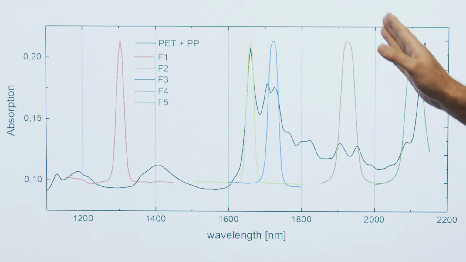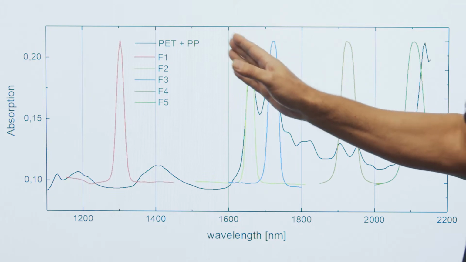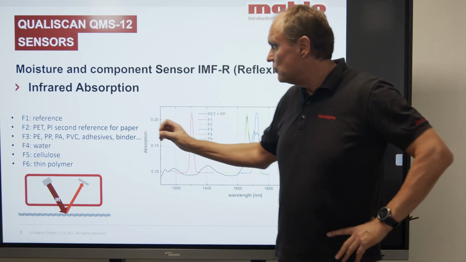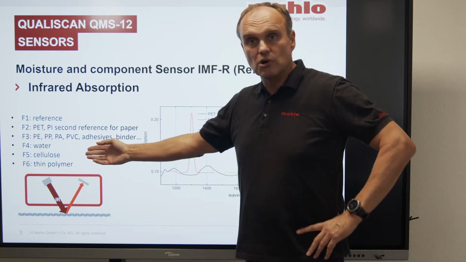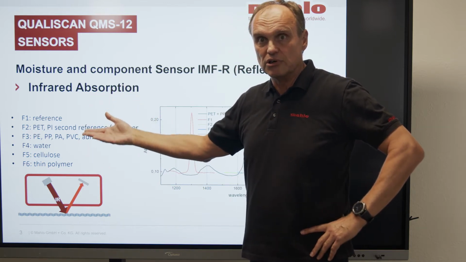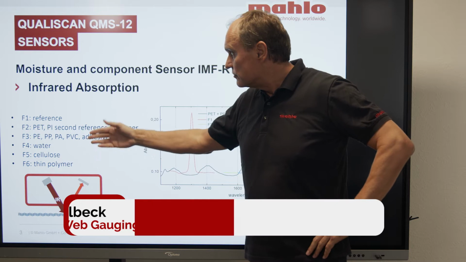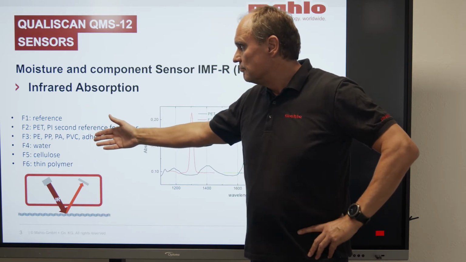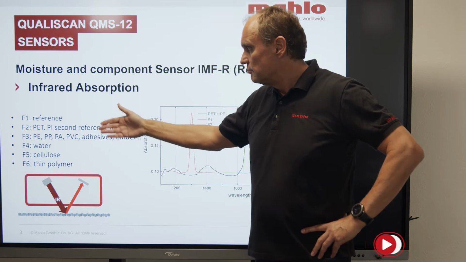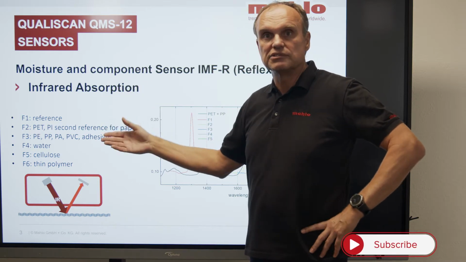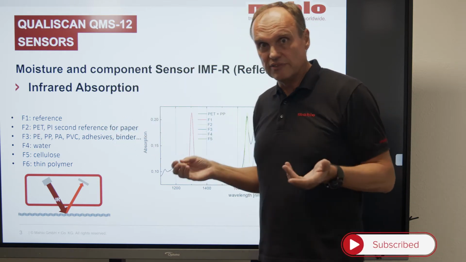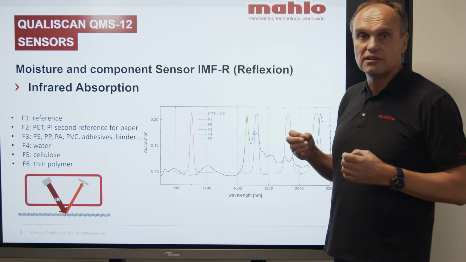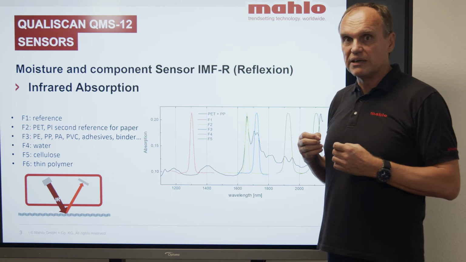So we get signals from different channels that show us content of water when we want to measure the moisture, but in the same way we can see polyethylene, polypropylene, PVC, adhesives, hot melt, whatever. All organic structures can be detected in the near-infrared spectrum.